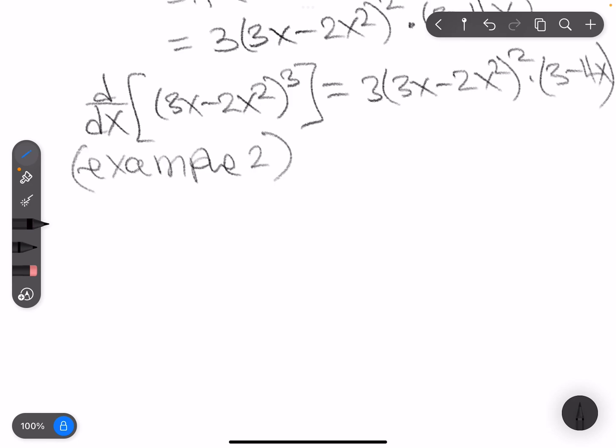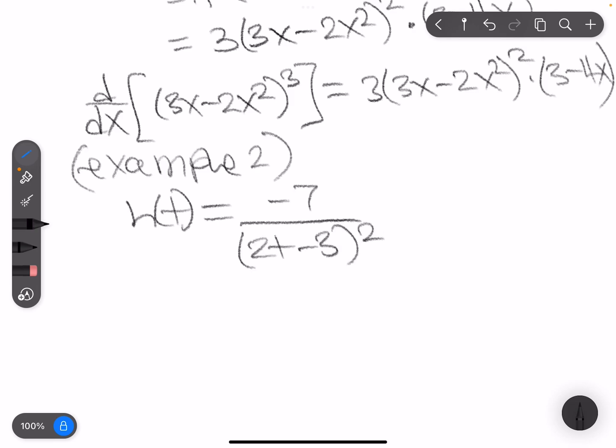Let's take a look at h of t. H of t equals negative 7 over 2t minus 3 squared.